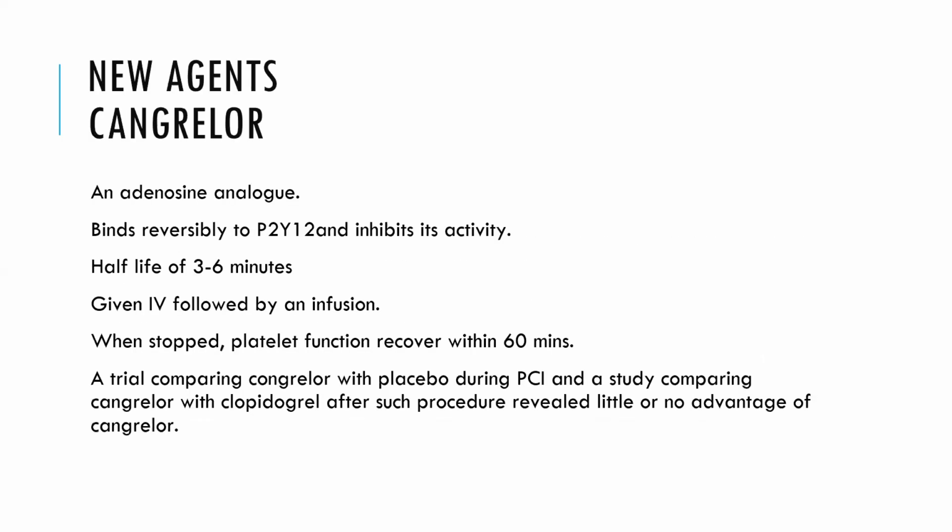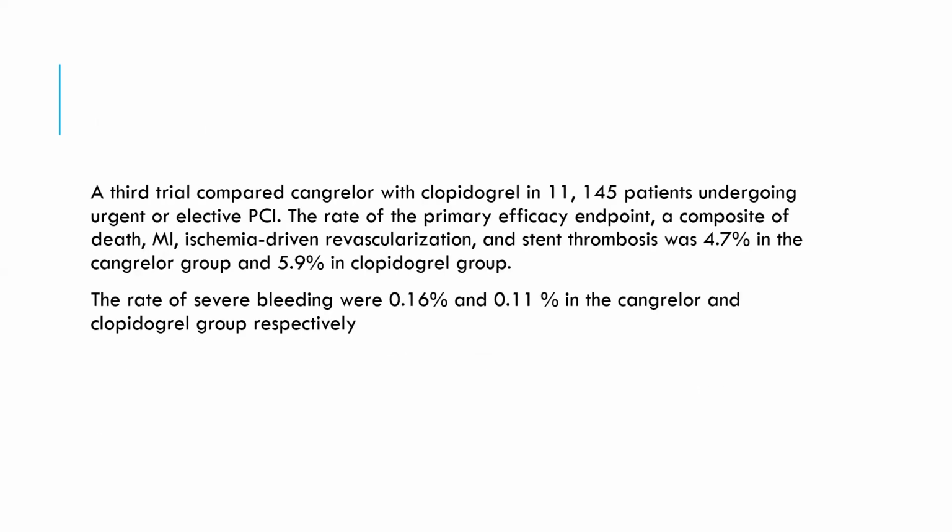Other drugs include cangrelor, an adenosine analog that also binds to the P2Y12 receptor. It is given by IV bolus followed by infusion, so this is a parenteral antiplatelet. To give an example of a parenteral P2Y12 inhibitor, it is cangrelor. The other P2Y12 inhibitors are oral. And a lot of studies have also been done on the use of cangrelor.